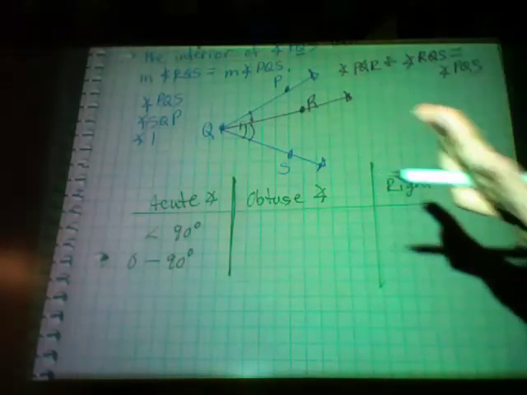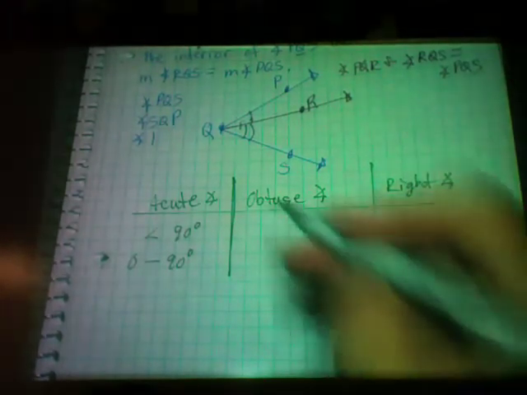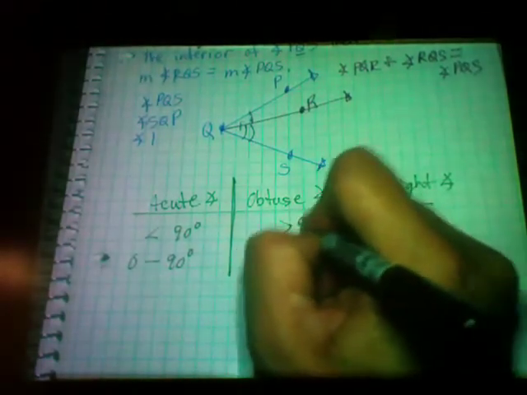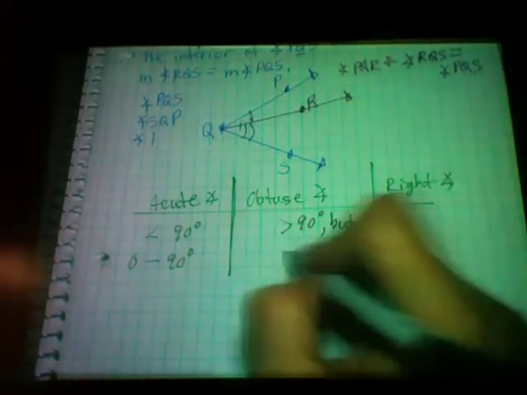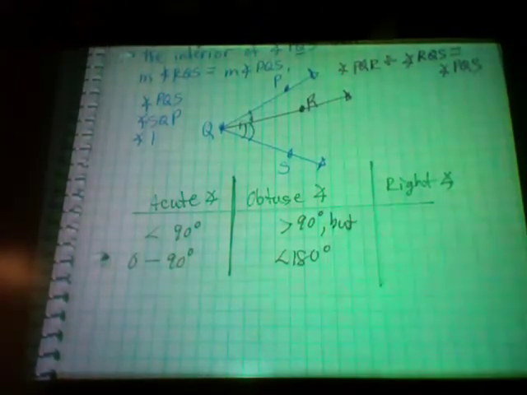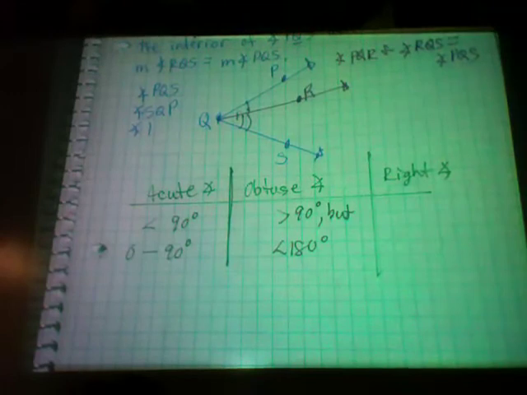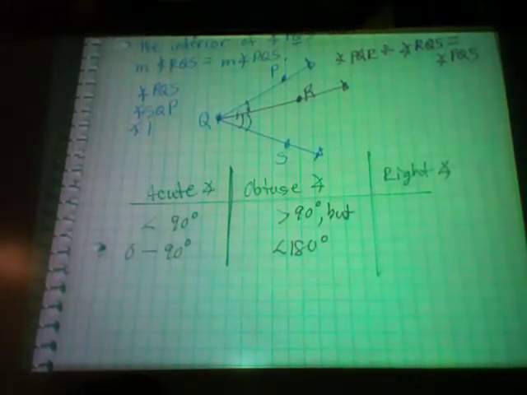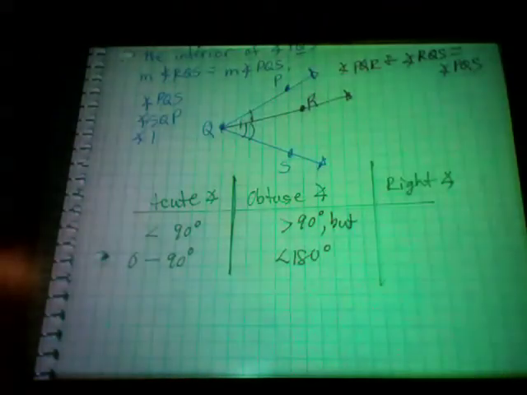Obtuse, obese, big, right? So an obtuse angle would be greater than 90 degrees, but it has to be less than 180 degrees. An obtuse angle is not equal to 90 degrees, and it is not equal to 180, but it is in between the two. So 179.9 degrees is obtuse, but 180 degrees is not.